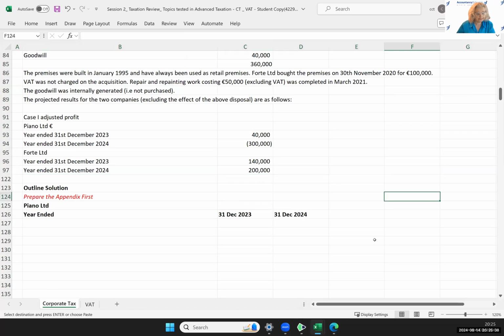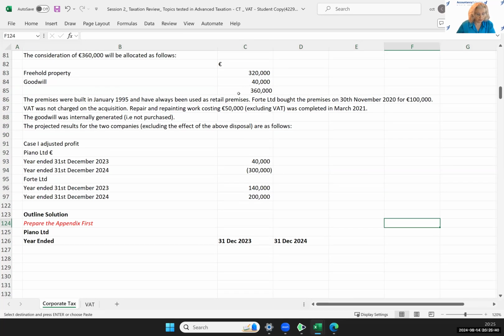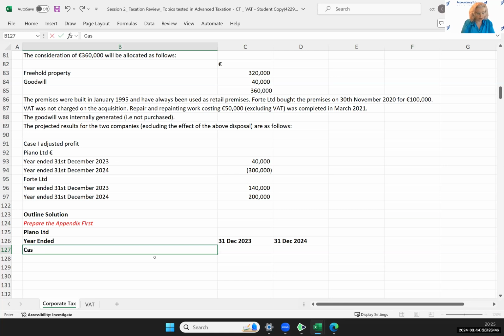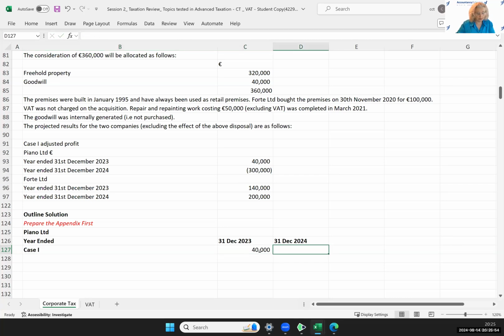All right. So we've got, for the year ended 31st December 2023, Piano Limited has case one income, and its case one income is 40,000. And Piano Limited's case one income in 2024 is nil.